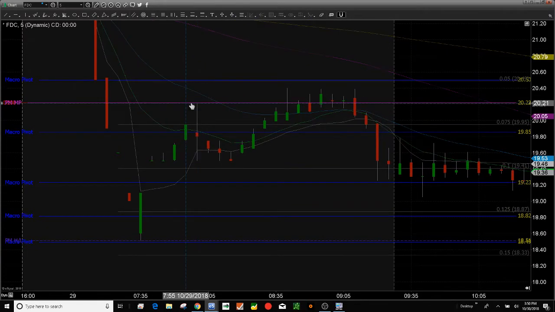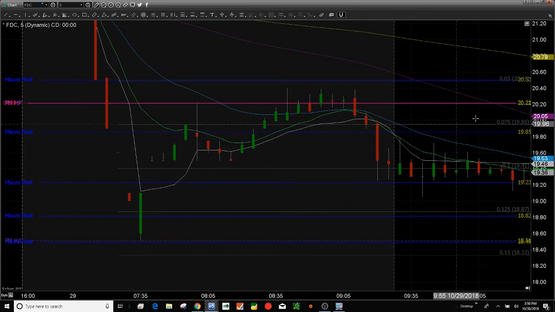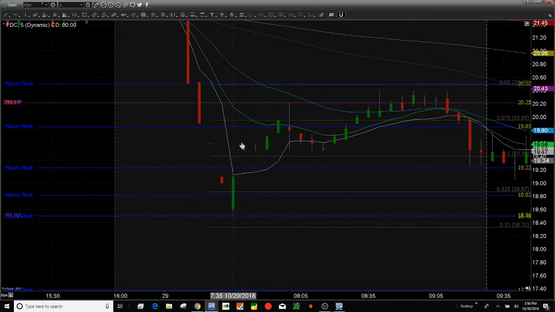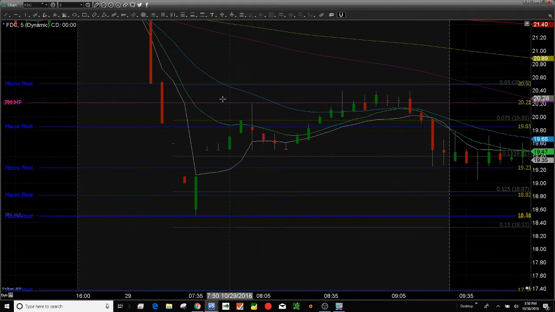Okay, but it's also a daily level, and when they're both matching, just by looking at this pre-market chart alone, you can tell that it's technically behaving very well. Bounces off the 200, bounces off a macro pivot here.